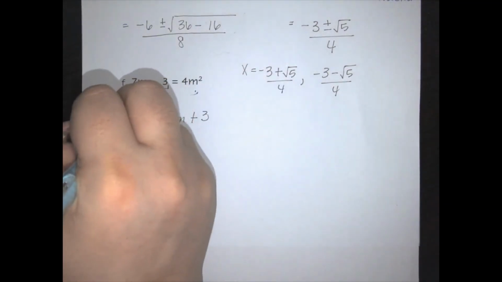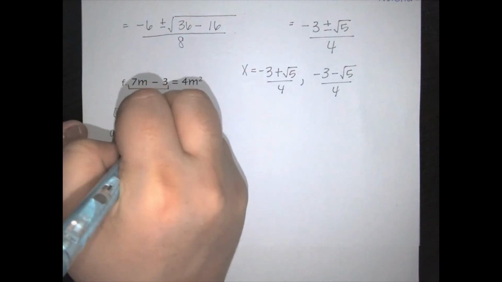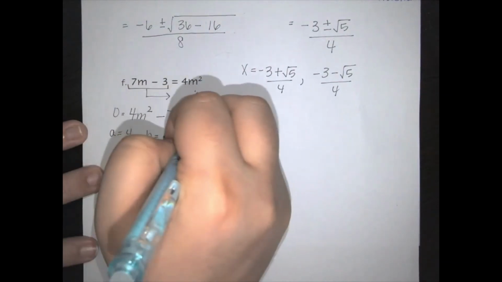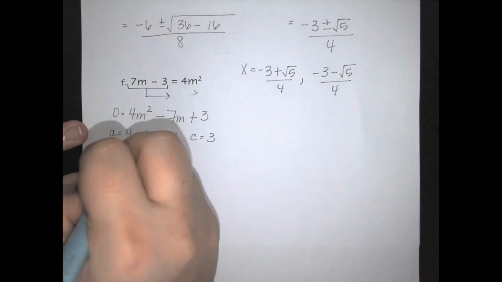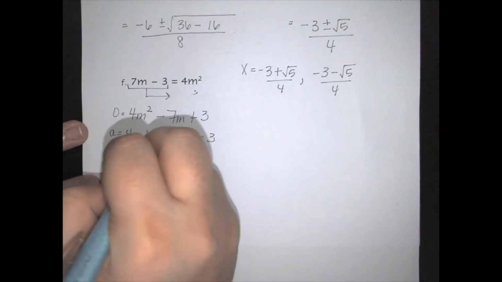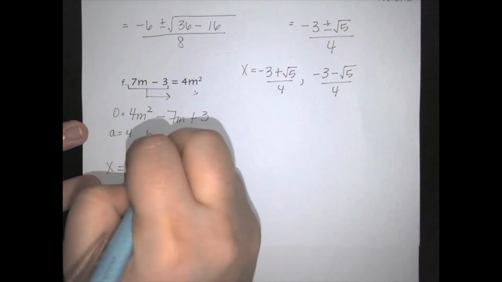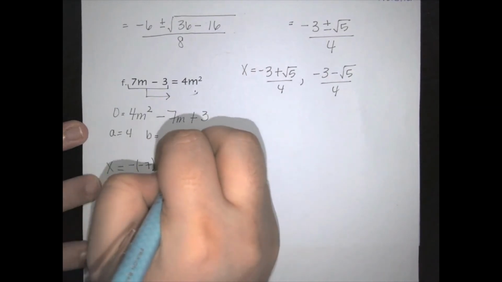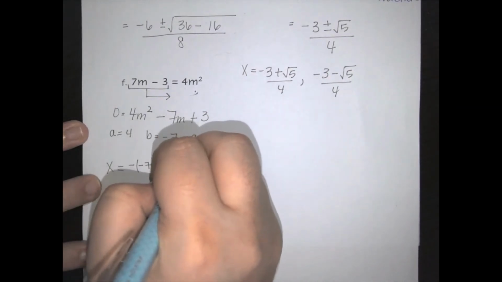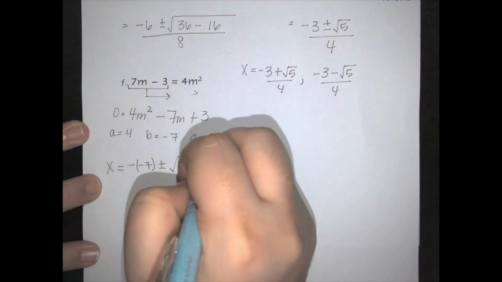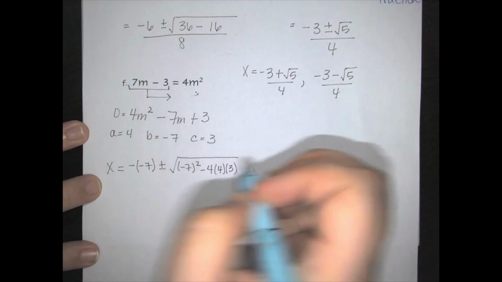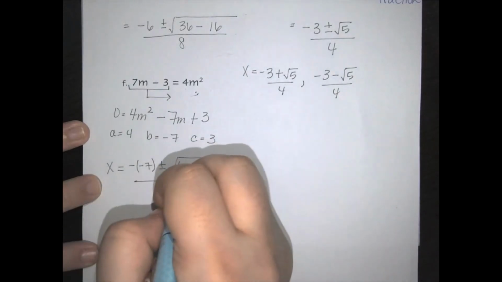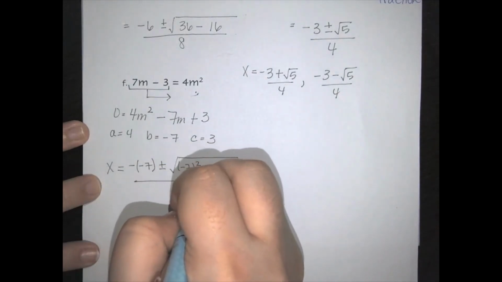So here my a is 4, my b is negative 7, and my c is 3. So again, x is negative b, so negative of my negative 7, plus or minus the square root of negative 7 squared minus 4 times a times c, all over 2 times a.